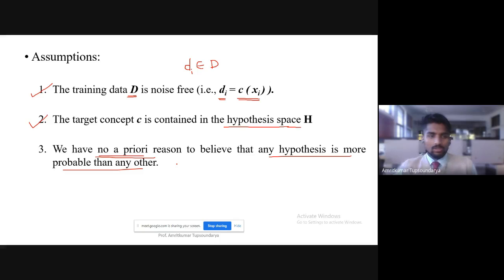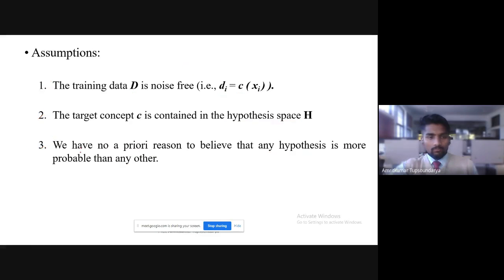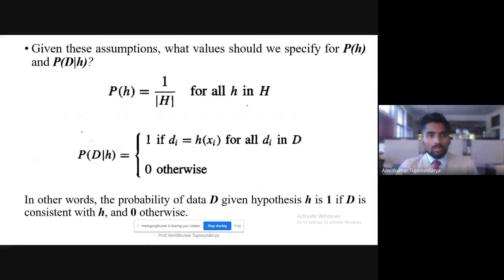This is an assumption that again we are making. So when we have these assumptions before we start the process, only then can we proceed ahead to understand the brute force Bayes theorem. Depending on these three assumptions that we have just considered, when we have these given assumptions, we tend to ask this question.